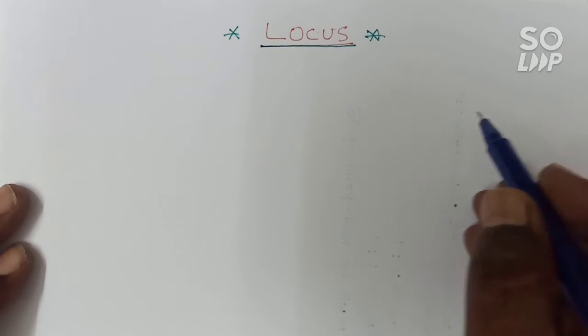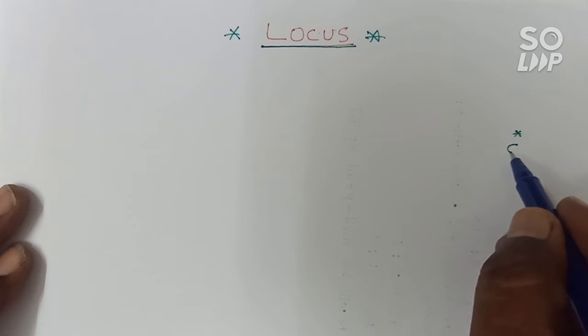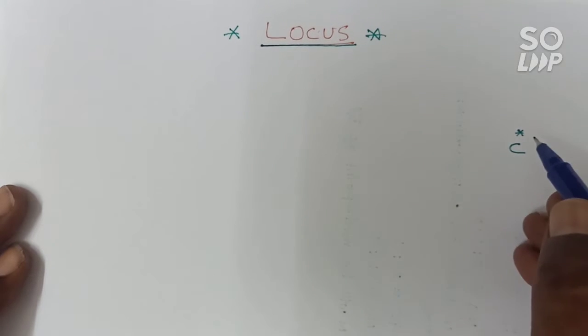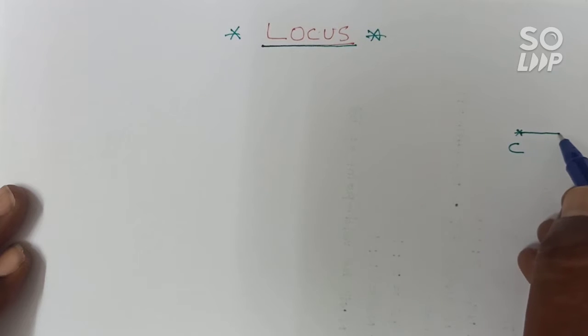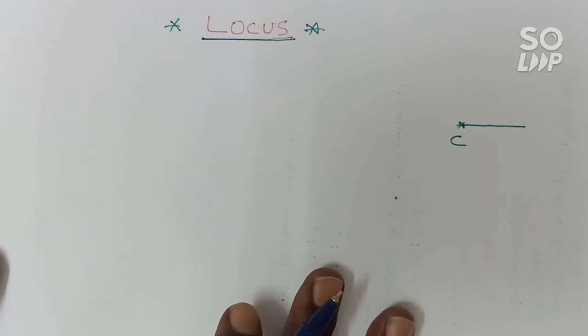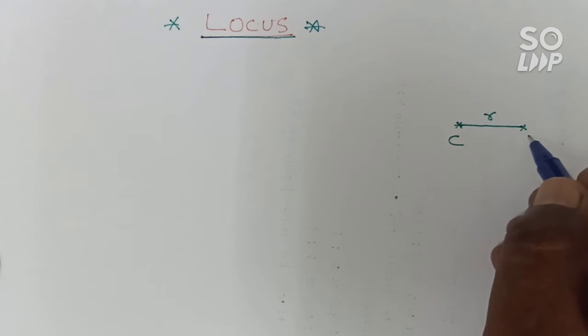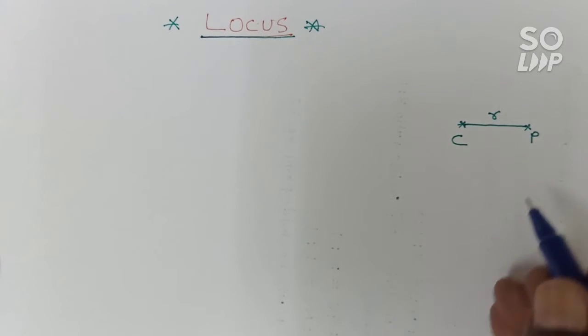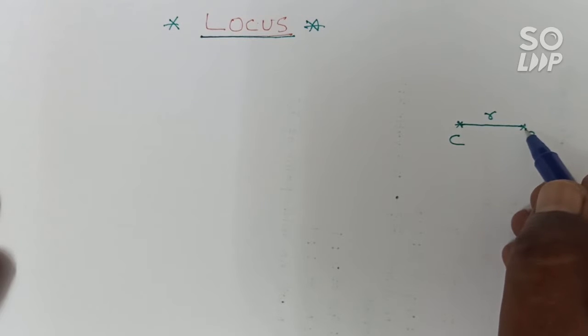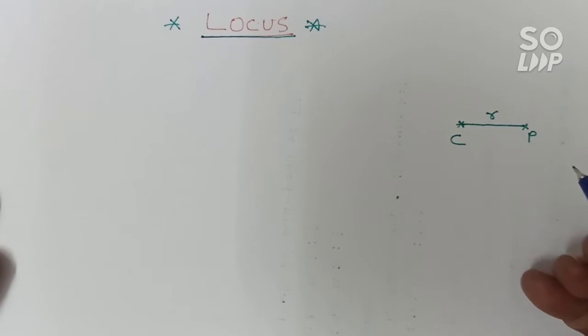See, for example, this is a plane. You take one point on this plane. Let this be C. And the point at a distance of r units is P. Then what do you say the locus of this P is? Will only one point exist or an infinite number of points exist satisfying the condition CP equals r?